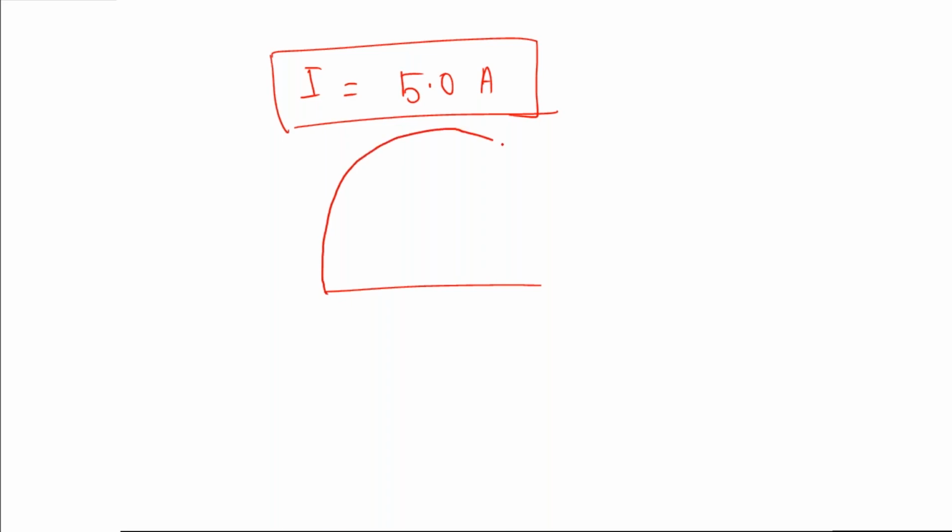The current is flowing in this way, suppose this is I. And one more piece of information is given. Suppose this is the center of the circle, so the angle this wire is subtending at this center O is given as pi by 2, which is 90 degrees.